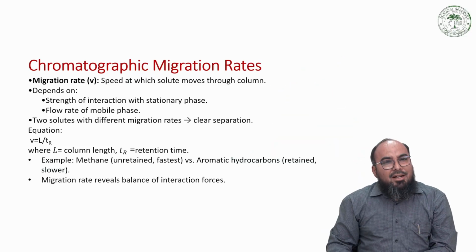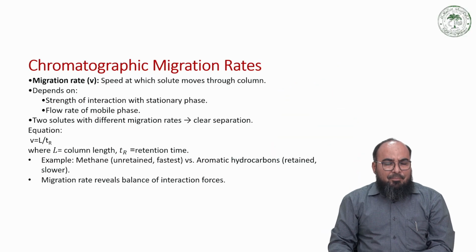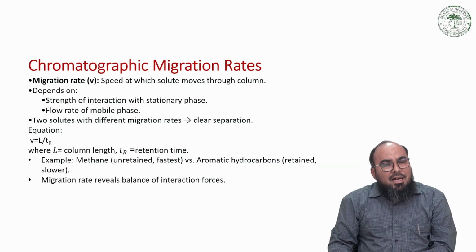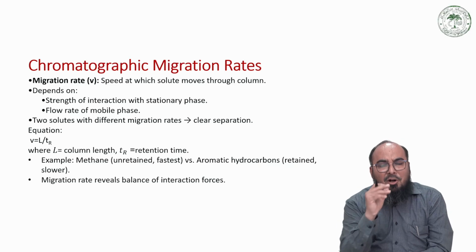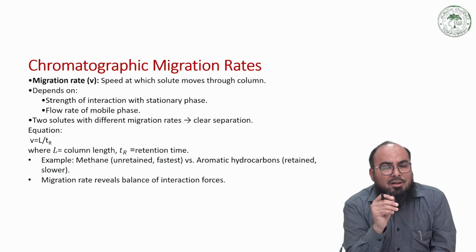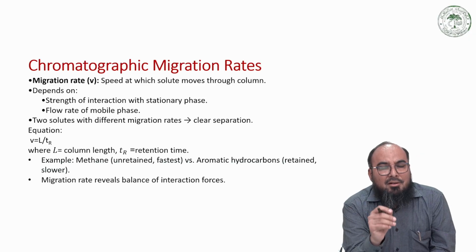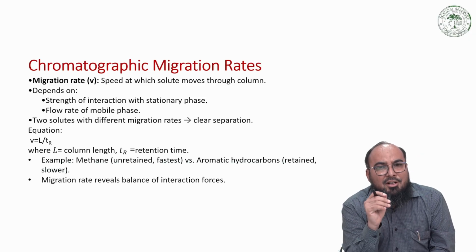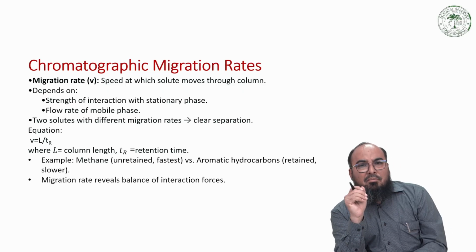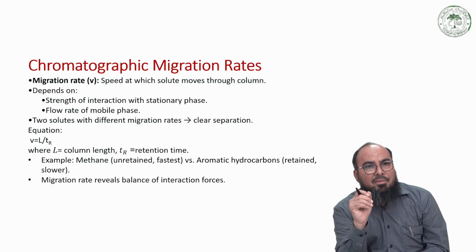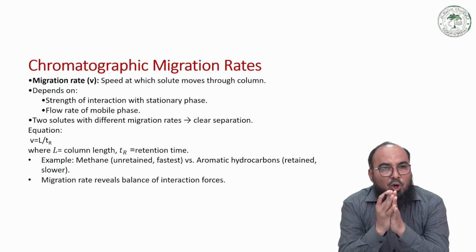Okay. Now let us discuss the migration rate. The effectiveness of any chromatographic column depends upon the migration of different solutes present in a given mixture. And this migration rate can be determined in terms of the equilibrium constant.